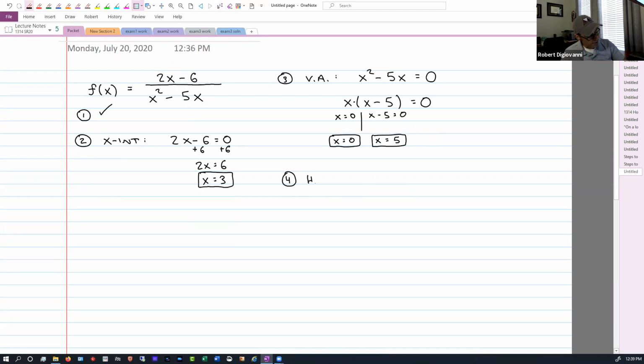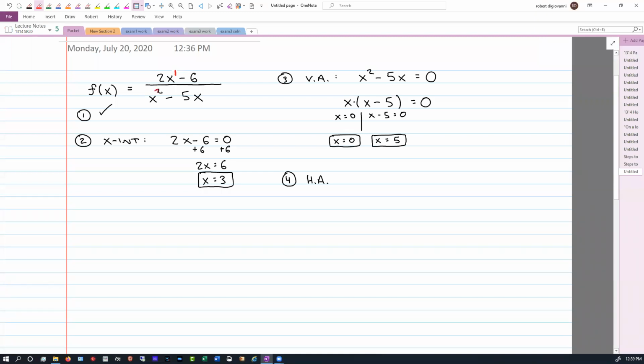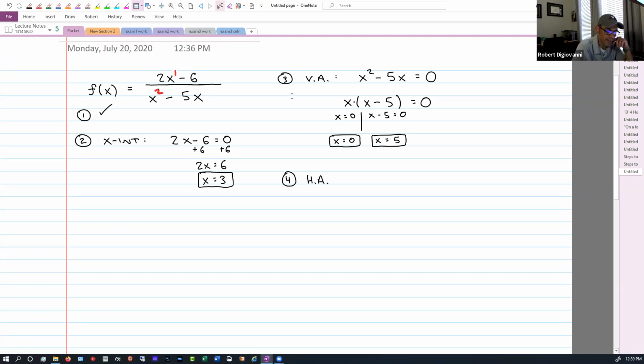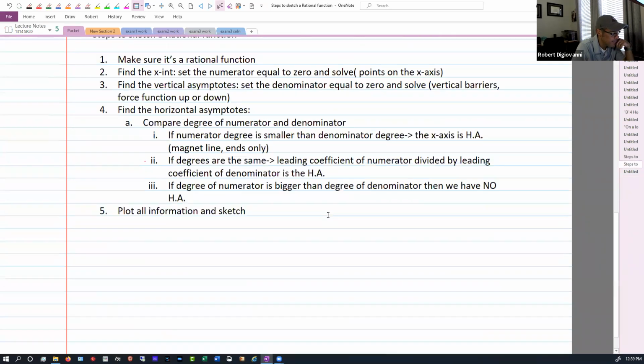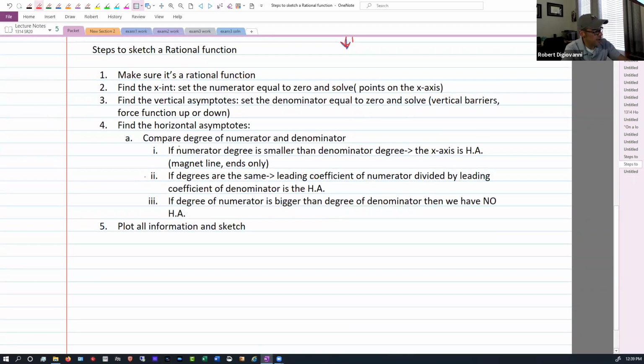The horizontal asymptotes. So the highest power of x. On top, you have 1. What's the degree of the bottom? 2. Highest power, 2, right? Okay, so what happens in that case? Let me go back to the steps. If the numerator's degree is smaller than the denominator, is that what we have?